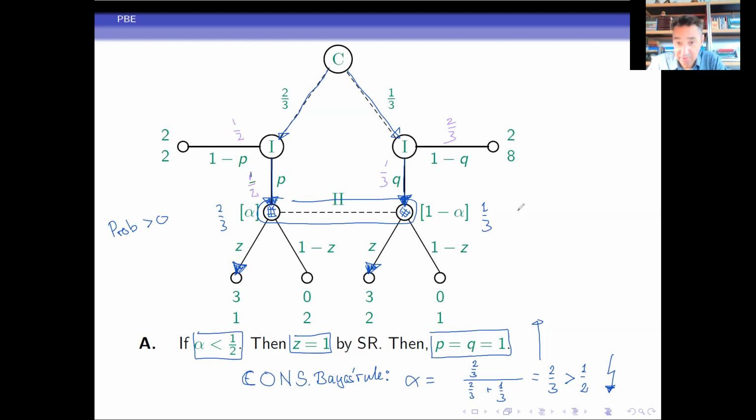So then you can still compute the alpha, because the alpha will then be the probability of ending up in this node over here, which is 2/3 multiplied by a half, divided by the total probability of being in this information set, which is the probability of being over here, which is what we already computed, added the probability of being over here, which is now 1/3 times 1/3.